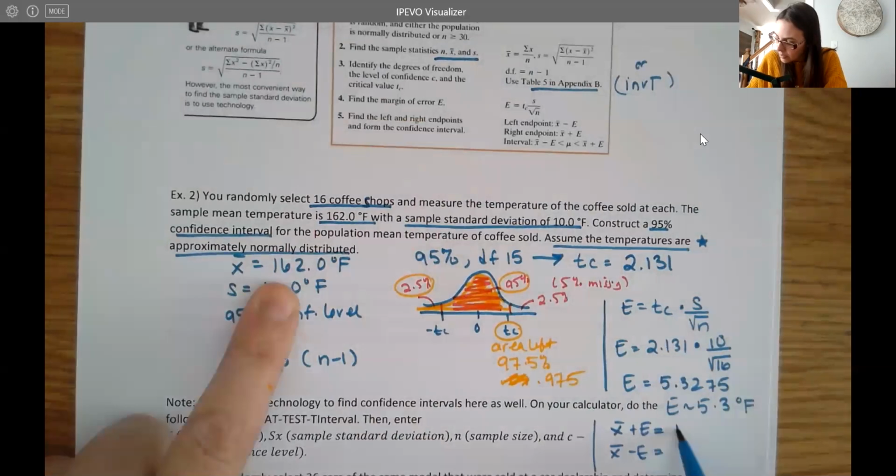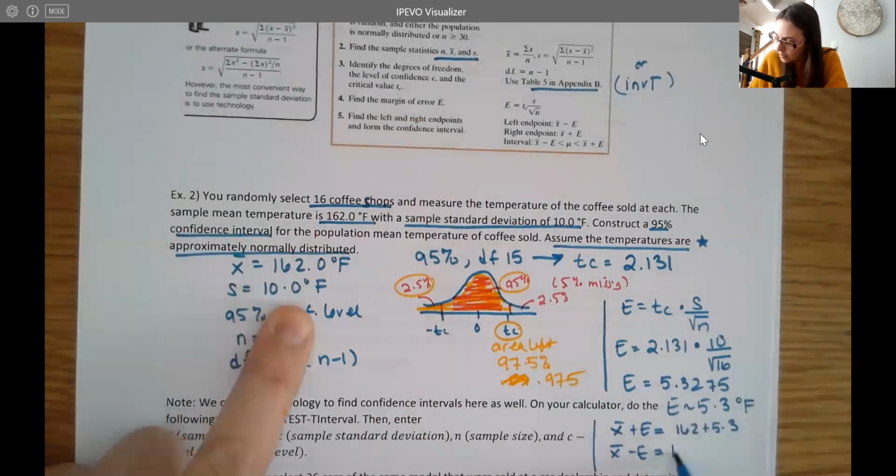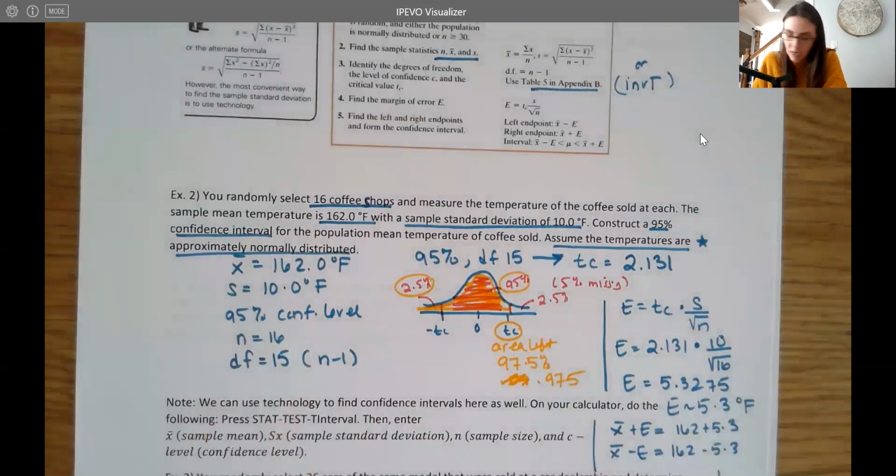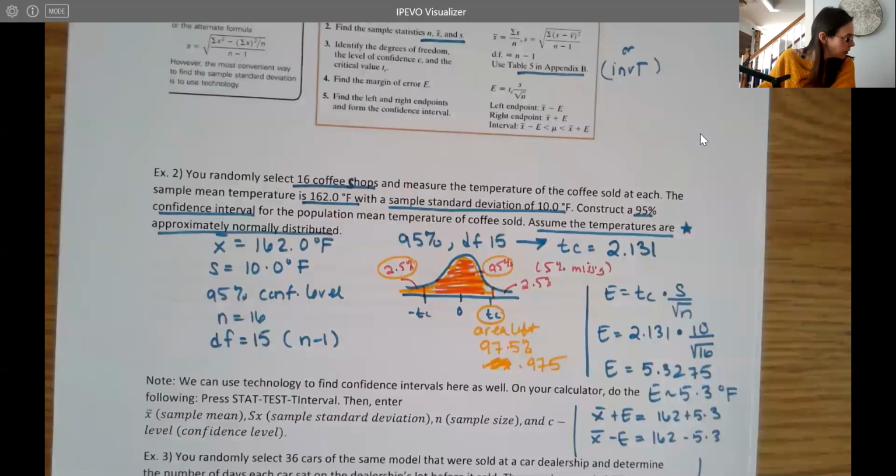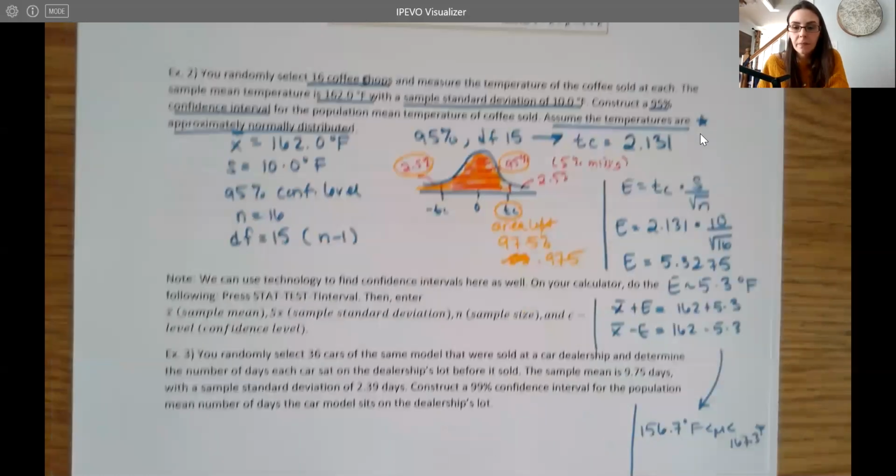So my center is 162 plus the 5.3, and then I do 162 minus the 5.3, and I'm running out of room here. And what I'm going to get for my values will be 156.7 degrees Fahrenheit, and then 167.3 degrees Fahrenheit.